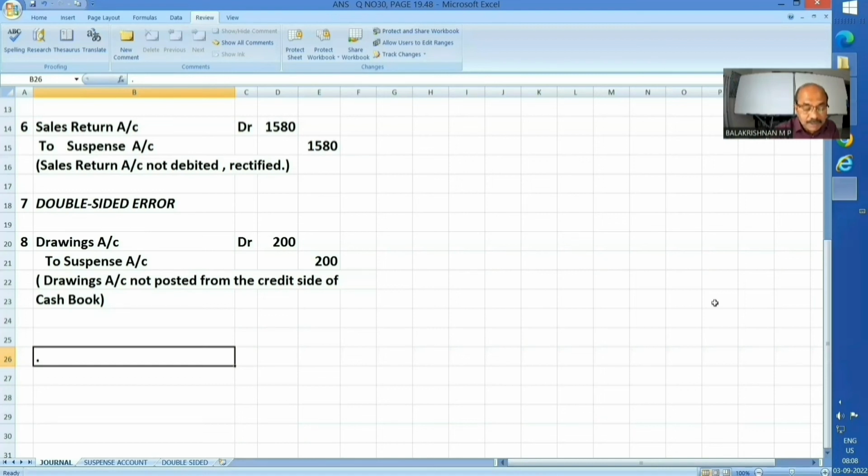So it is very much a single-sided error. And I have told you, single-sided error means one aspect has to be suspense account. And here the debit has to be essentially sales return account. Hence, the proper journal entry will be sales return account debtor 1,580 to suspense account 1,580. Sales return account not debited, now rectified.